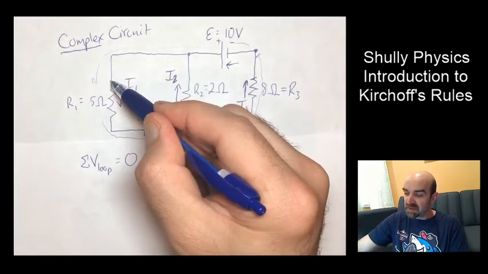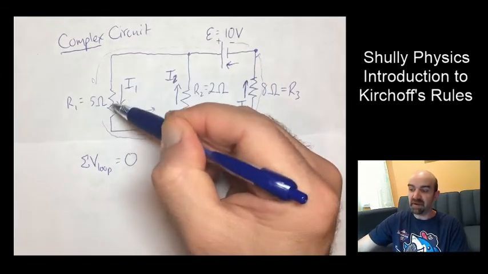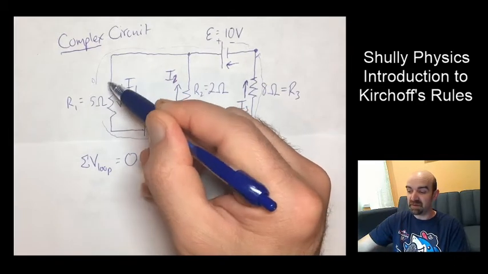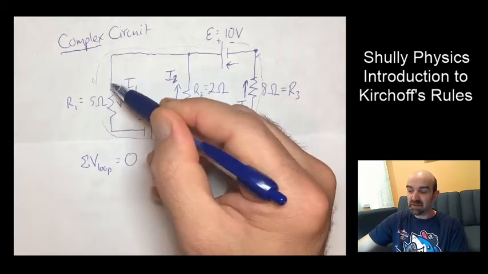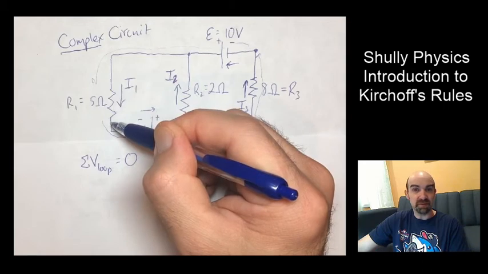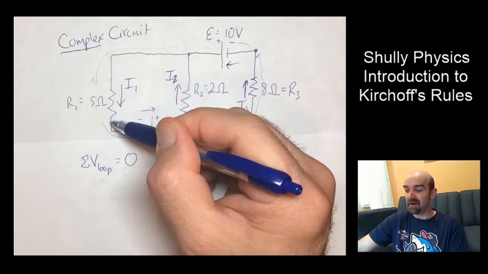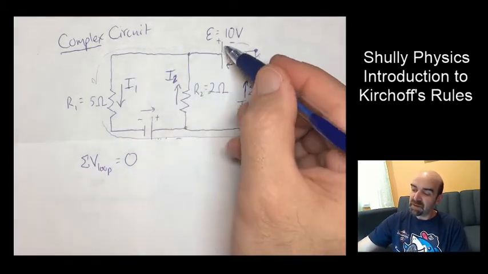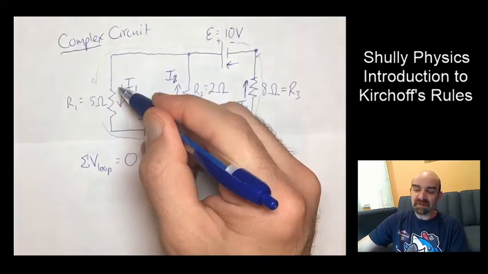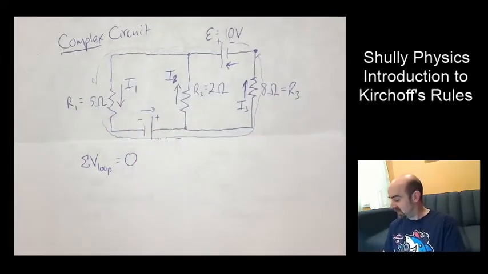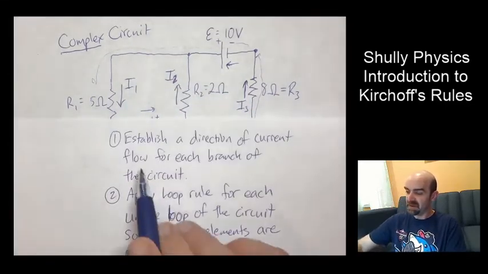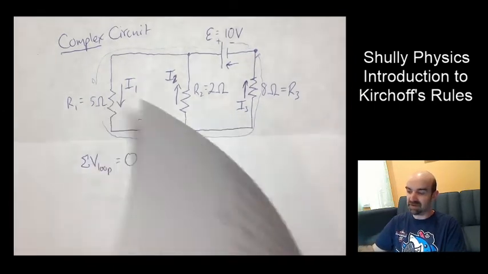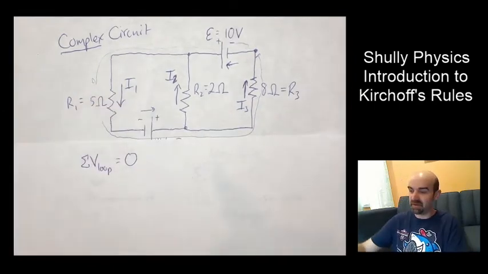If we go from this side of the resistor to this side of the resistor, and the flow is from top to bottom, if this is A and this is B, then we will have a negative change in potential, a negative IR. If we're going in this direction against our established direction of flow, according to how I defined the directions in number 1, okay, so this is my established current flow.